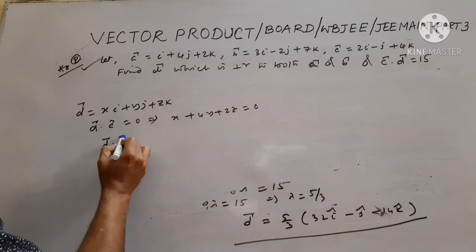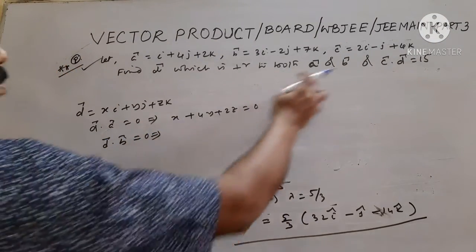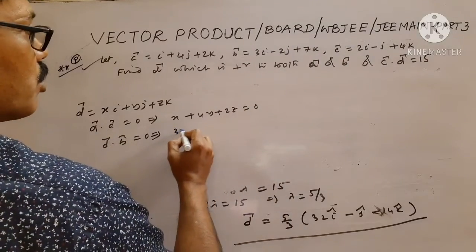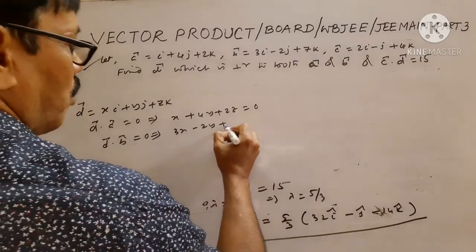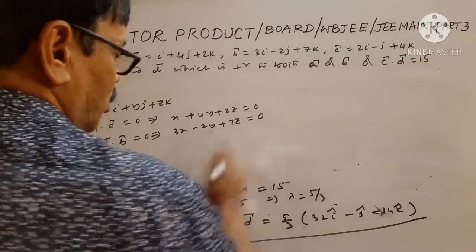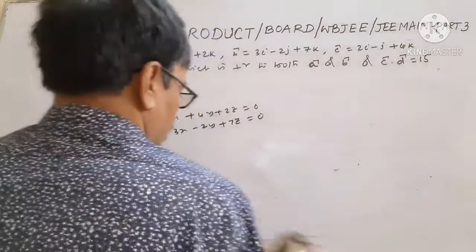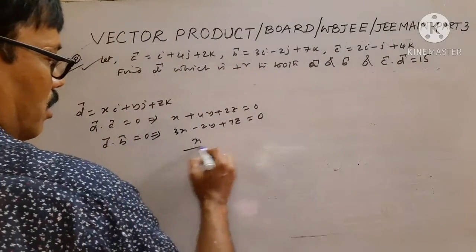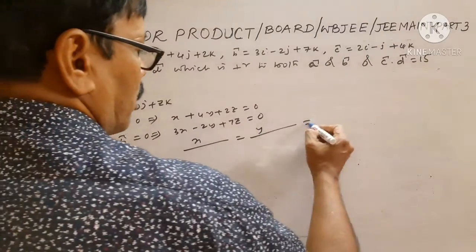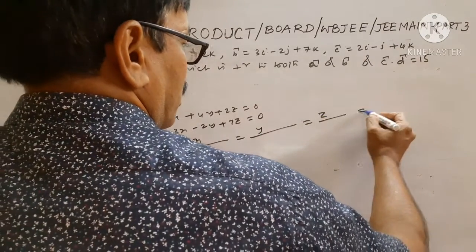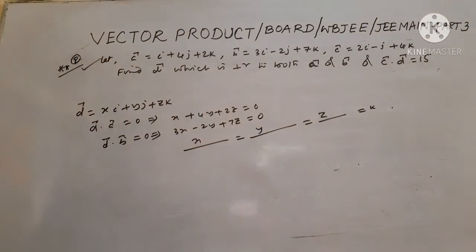Then D dot B equals 0 because D is perpendicular to B, so 3x minus 2y plus 7z equals 0. Now, solving by the method of cross multiplication, you get x, y, z, and suppose this equals k.